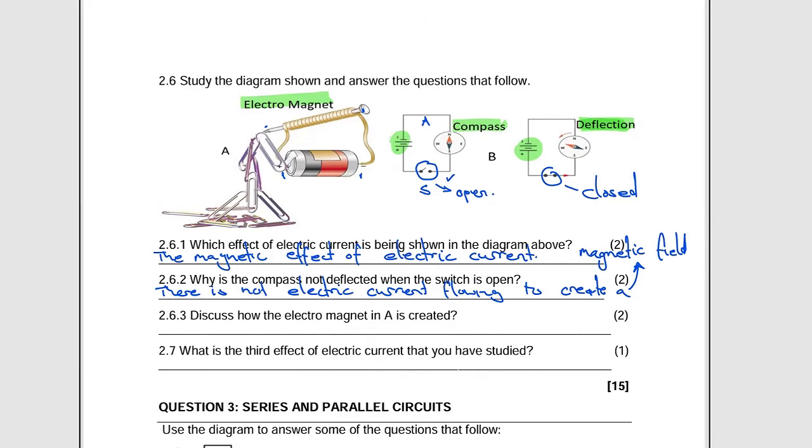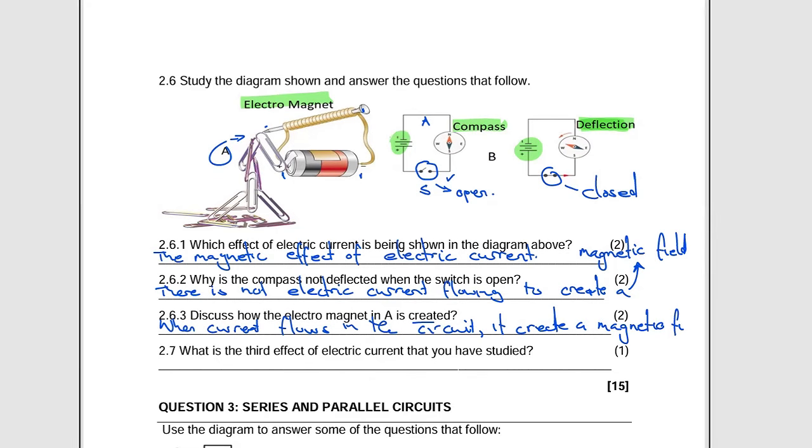Then 6.3, they said here, discuss how the electromagnet in A is created. So this is our A there. How is that created? So I'm going to say when current flows in the circuit, it creates a magnetic field.